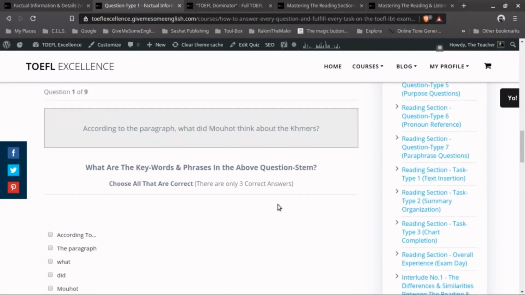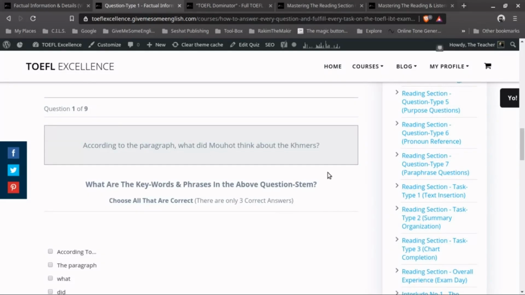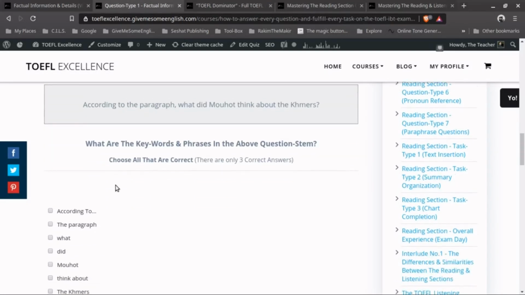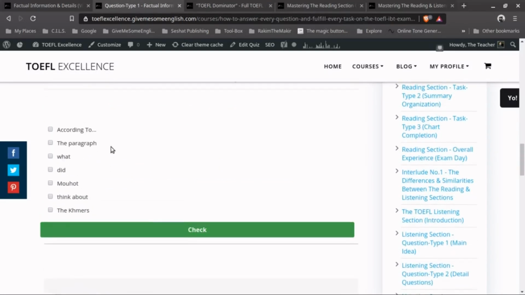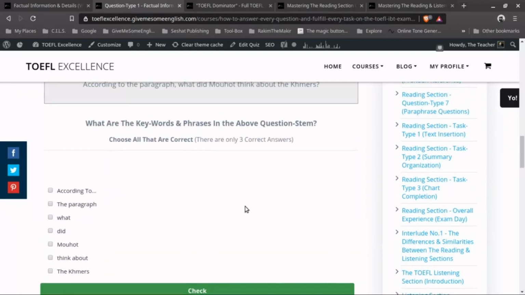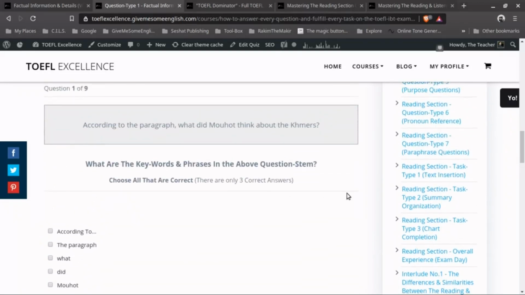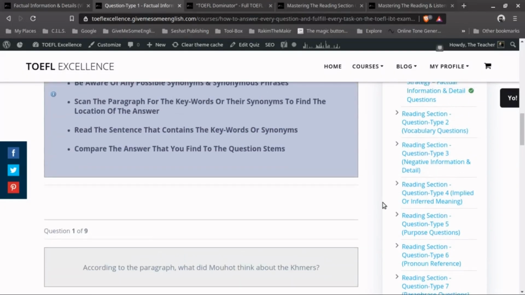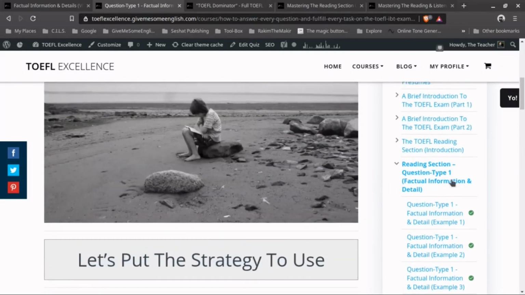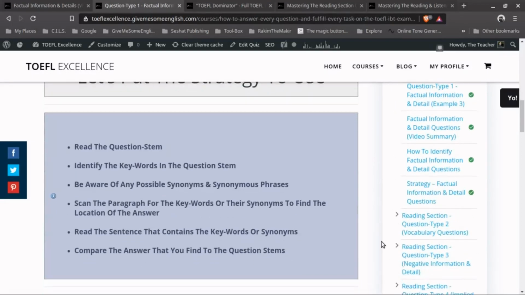So, another thing I want to mention with this particular quiz about the factual information and detail questions: these are not questions that you will have on the exam. This quiz is designed to show you how to answer this question type. Also, this is the first question type that we deal with in this course, but these are not ordered like they are on the exam.